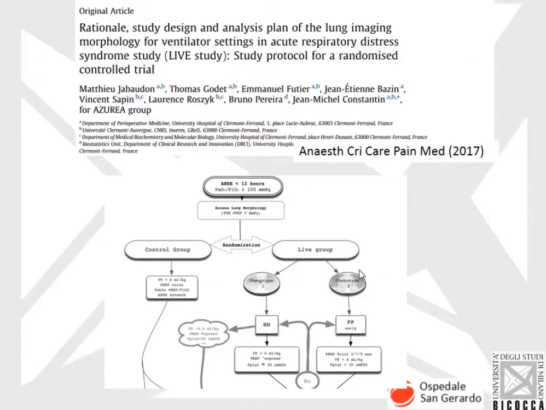And so this group is now proposing an approach, and again the algorithm is relatively complex and I'm not going into detail, but it's to show you that in principle some groups are proposing that CT scan should really be one of the first assessments to be performed in patients with ARDS, so that these patients can be treated according to their CT scan phenotypes with, for example, early prone positioning versus early recruitment maneuver.